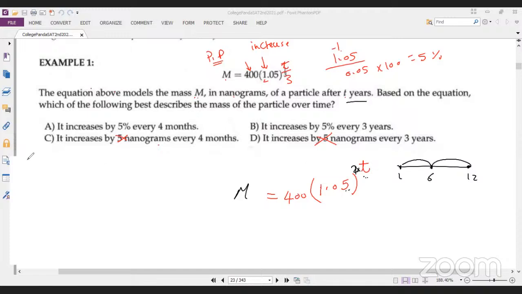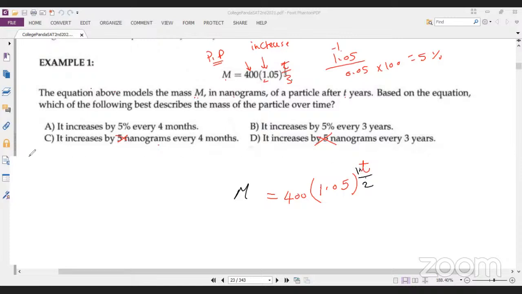In other words, this is the basic function, without any coefficient in the exponent. Now we have a coefficient in the exponent, like t over 2. The 1 does not mean anything here.